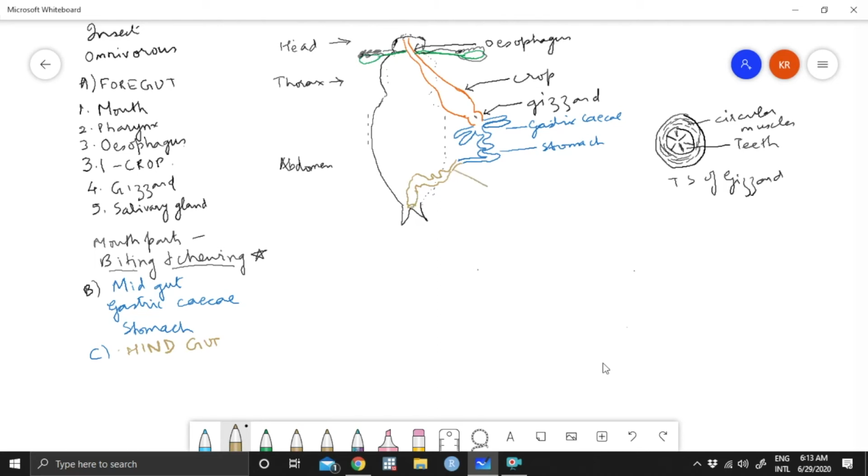So this part is ileum. The next part, a little wide, is colon, and the last part over here is rectum, and the opening of rectum will be the anus.